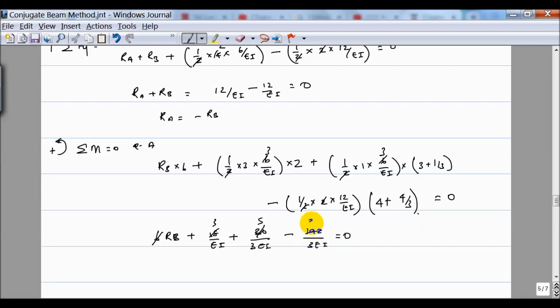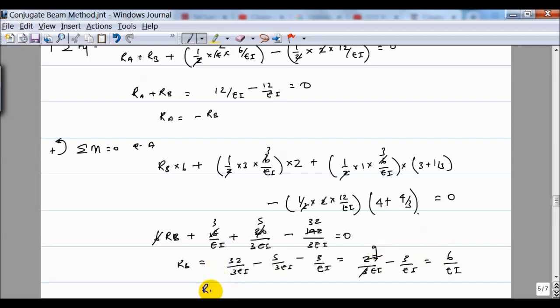So now RB is equal to 32 over 3 EI minus 5 over 3 EI minus 3 over EI. So 32 minus 5 is 27. 27 over 3 EI minus 3 over EI. So that is 9. 9 minus 3, 6 over EI. Okay, so that is 6 over EI.